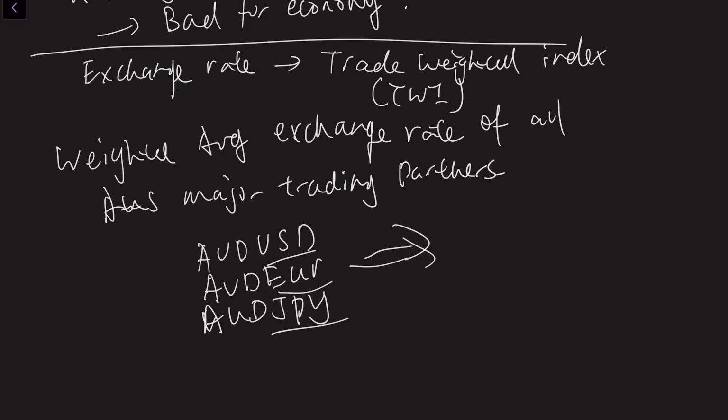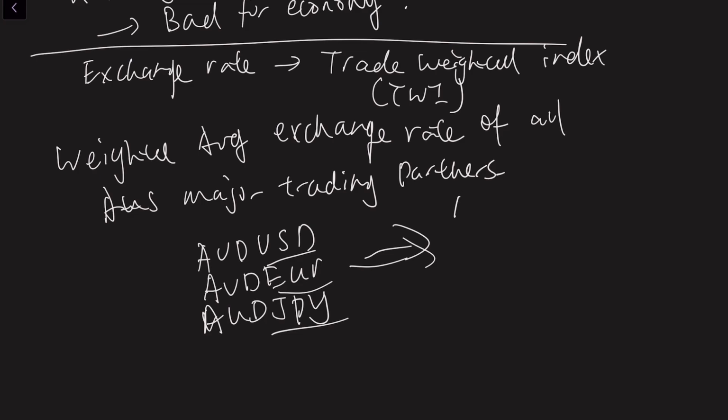We use the trade-weighted index. So we look at the trade Australia conducts with overseas economies, and whoever is the most important partner will get a higher weighting in the trade-weighted index.